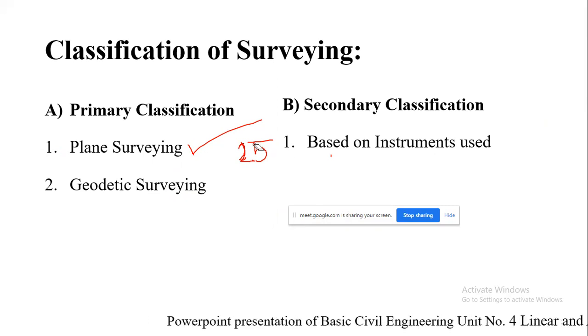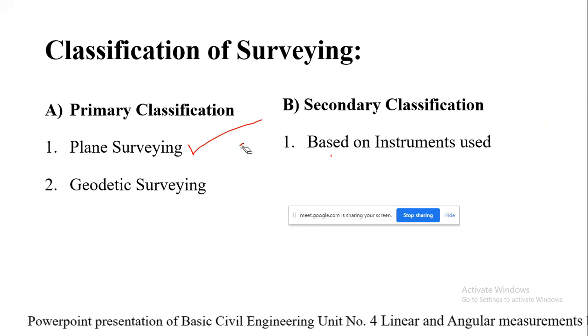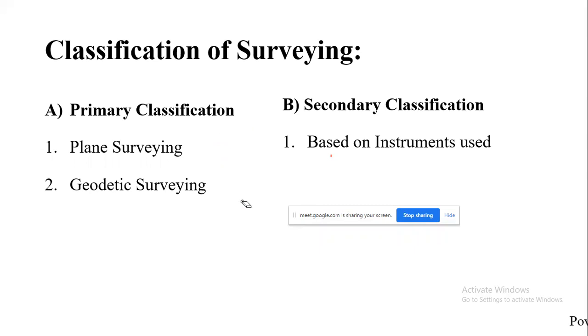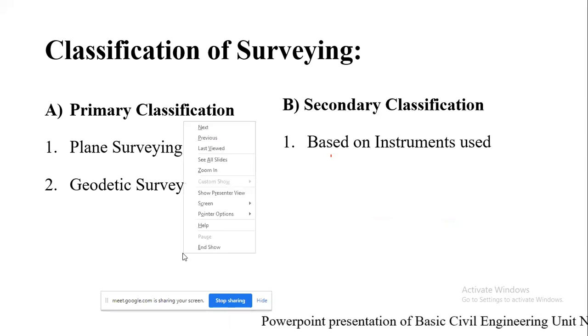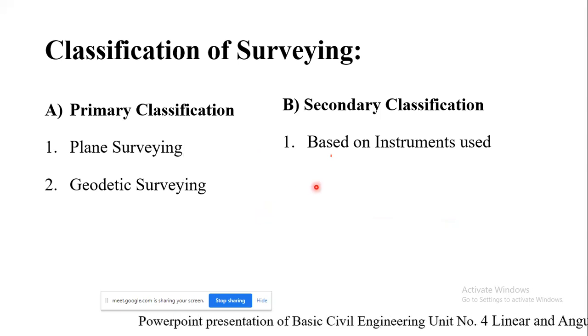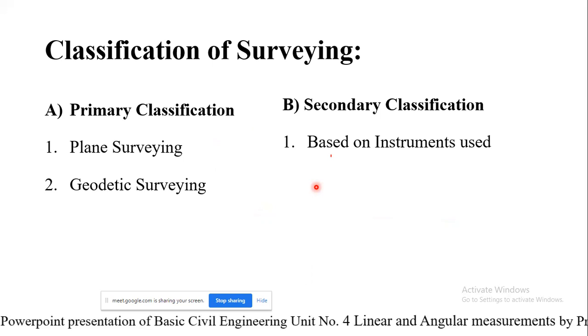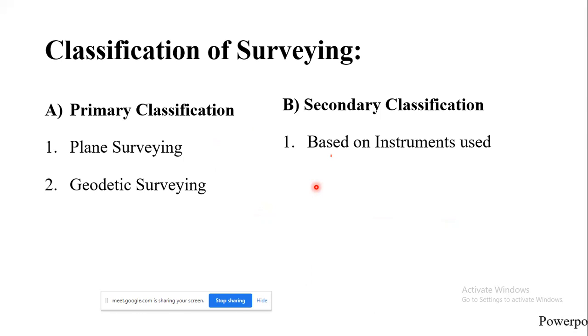Right in the beginning, we have seen that there are various instruments, so based upon that also, the classification of surveying can be done. We have seen the chain, so when you make use of the chain, it will be chain surveying. When you make use of the compass, whether it is a prismatic compass or surveyor compass, it will be compass surveying.